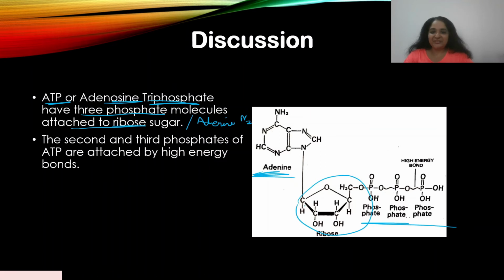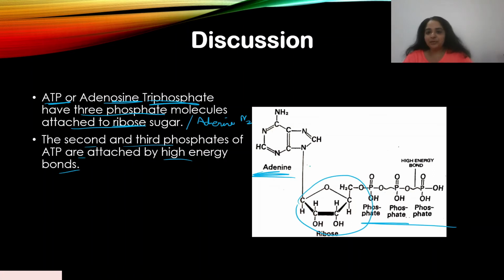So you have adenine attached to the ribose sugar, and the ribose sugar attached to three phosphate molecules. The second and the third phosphate of ATP are attached by high energy bonds. ATP is also known as the energy molecule of our body, which gives us energy to perform functions. It also performs various cellular activities in our body.